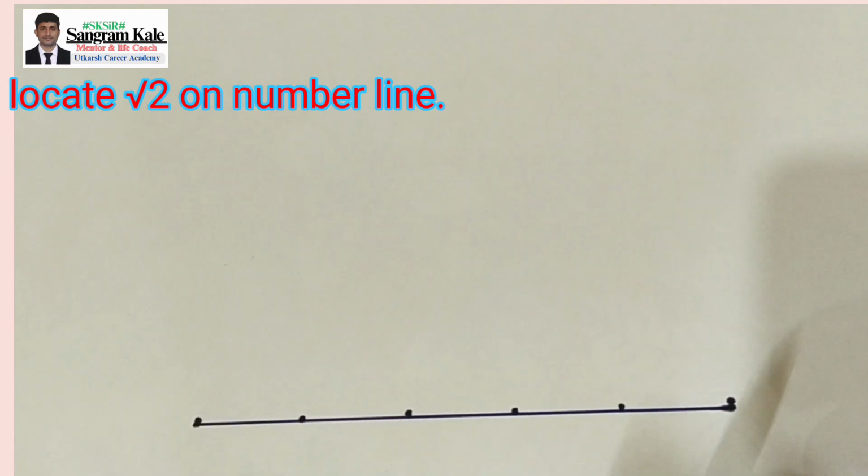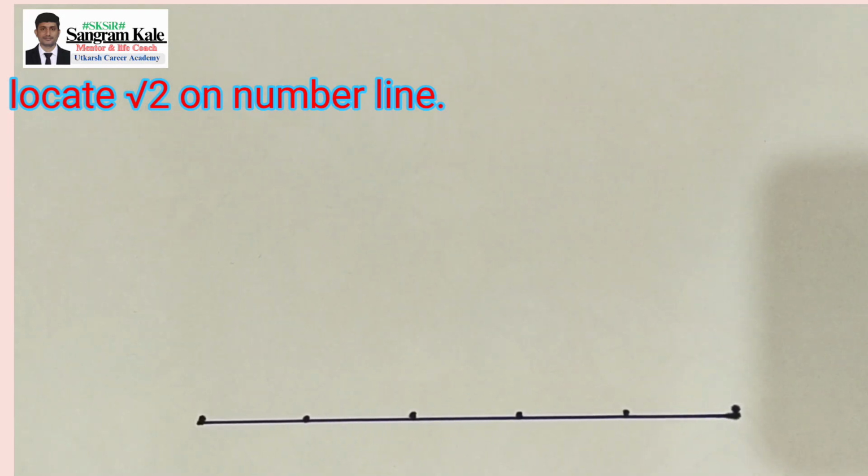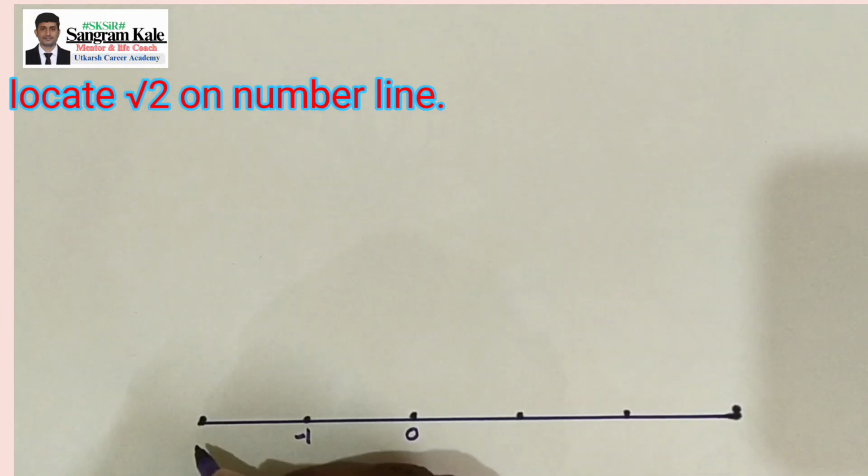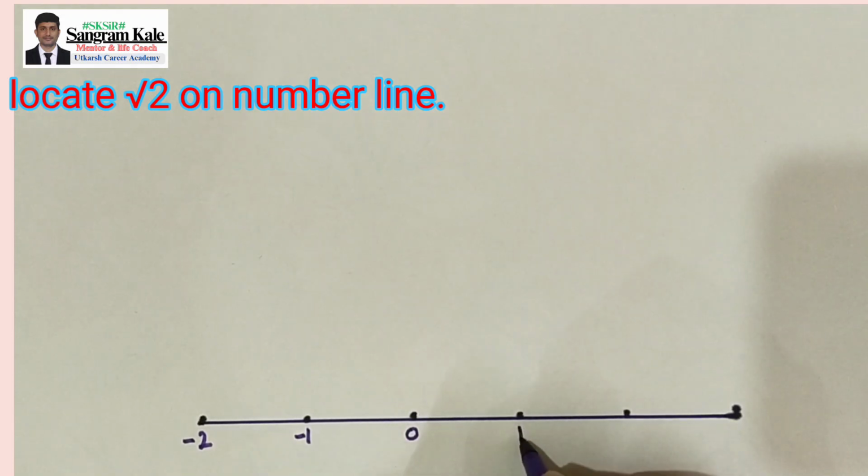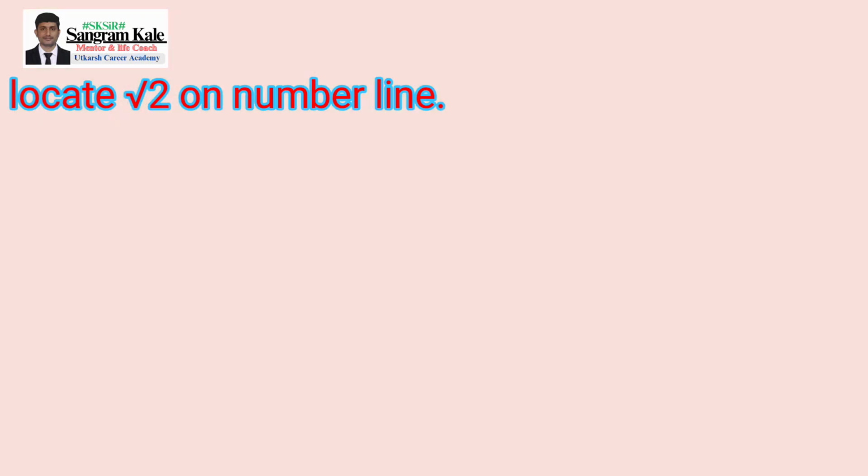I am giving 0 here, then minus 1, minus 2, and 1, 2 and 3. Very good. So this much you know: draw a line segment and take the numbers. This is the integer line segment.